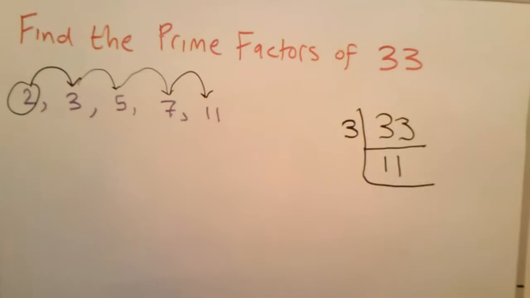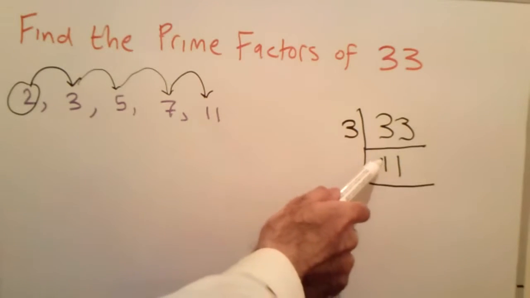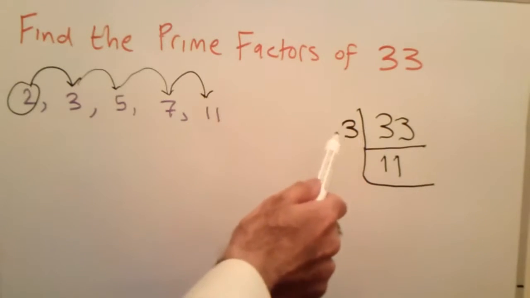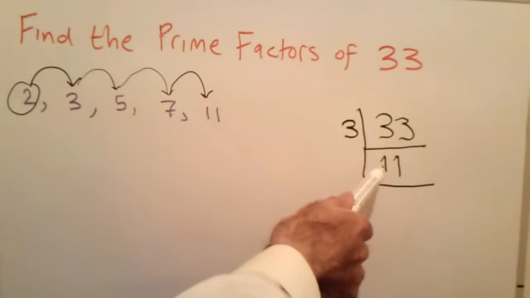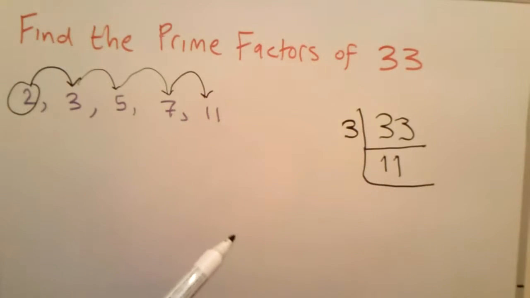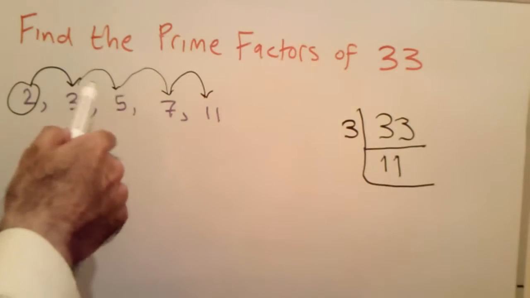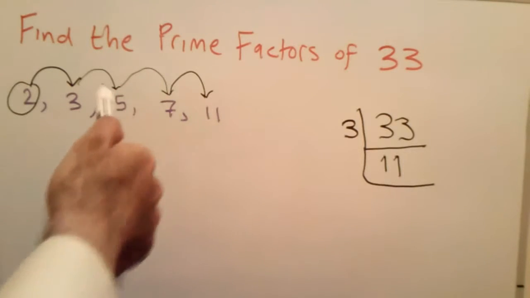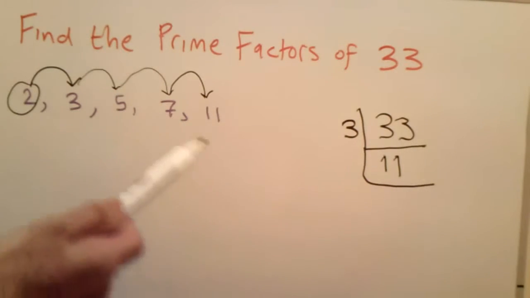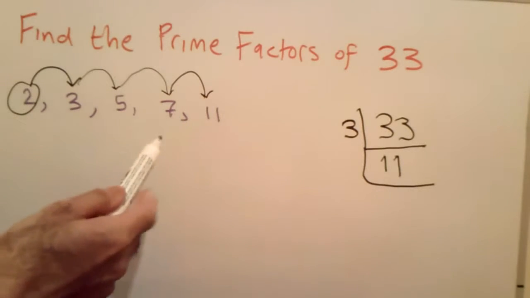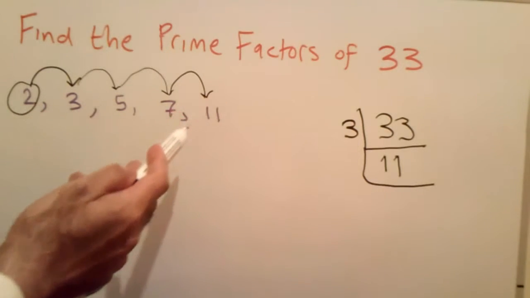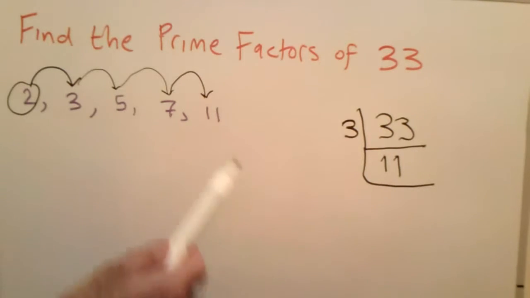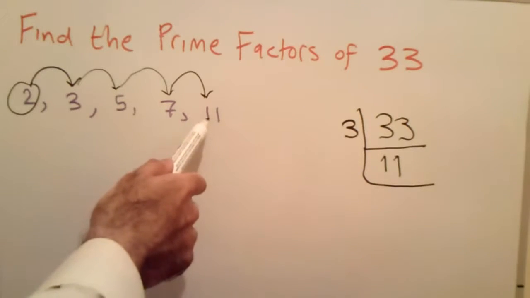The point of this example was to see that if our result here, after we've divided by a prime number, is a prime number, it's already a prime number. You don't have to check sequentially after the next prime number and the next largest one. So it's a good idea to memorize some of these prime numbers. Here we've got a prime number already, so we just jump to the prime number 11.